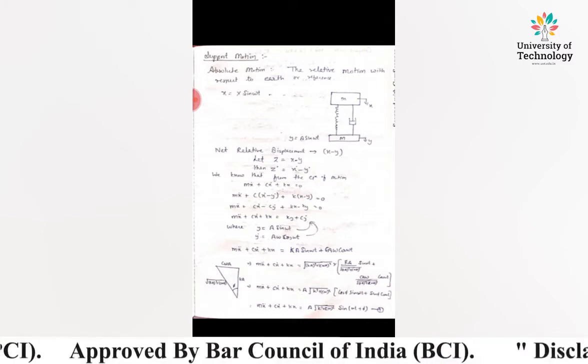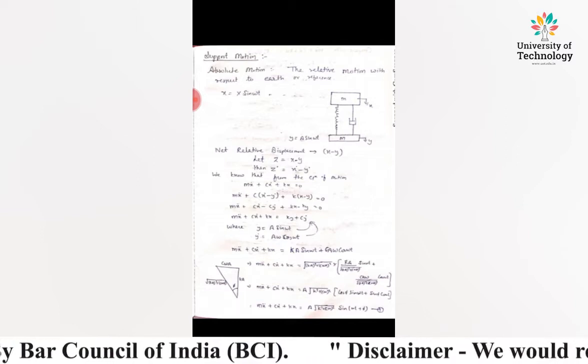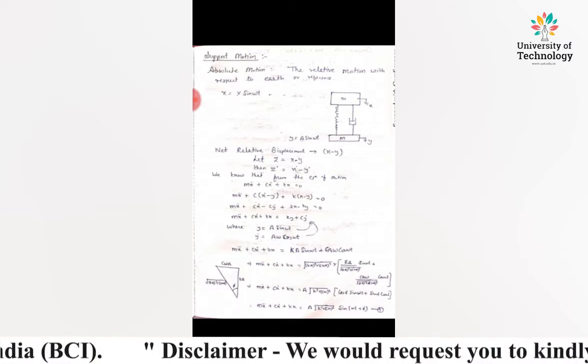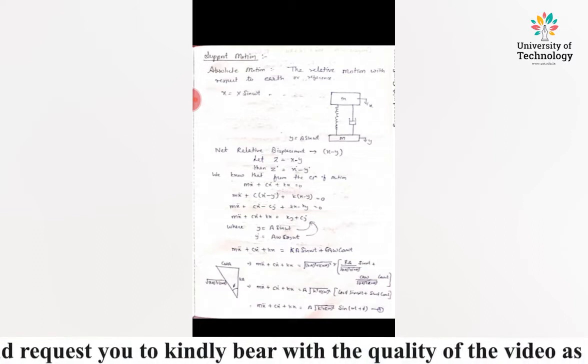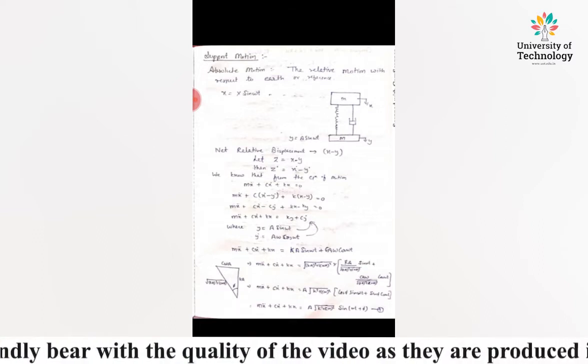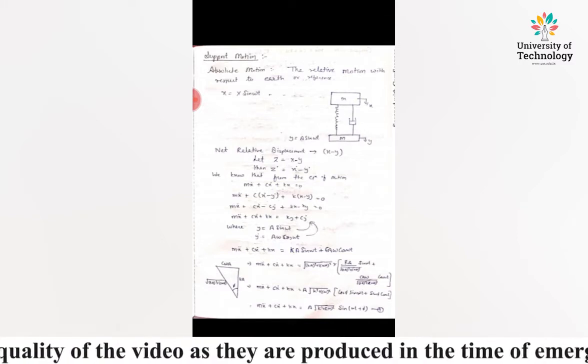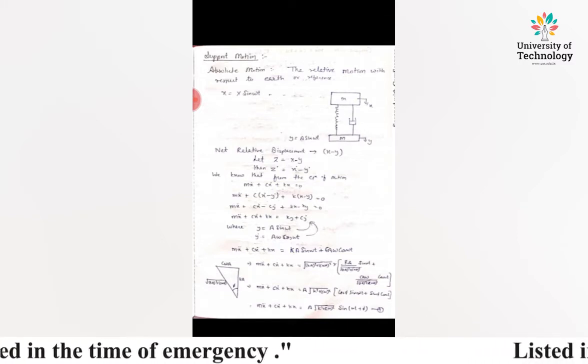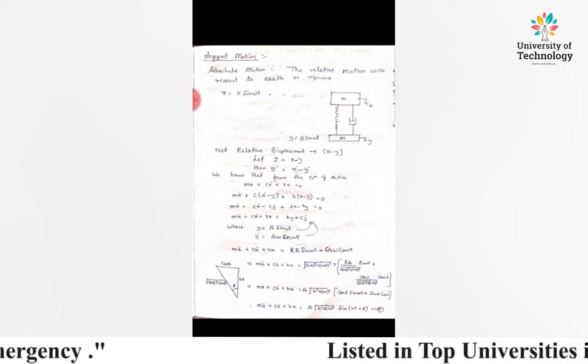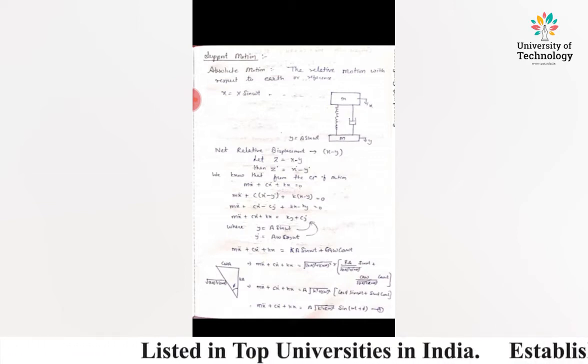If we put the negative terms on the right side, then we get the equation m x double dot plus c x dot plus kx is equal to ky plus c y dot.